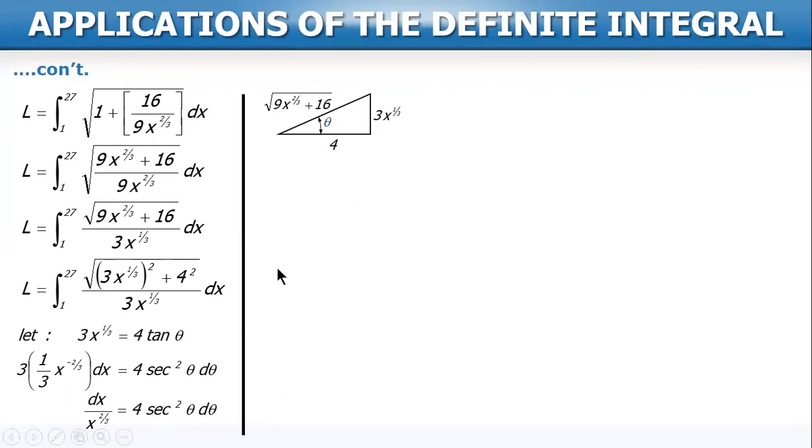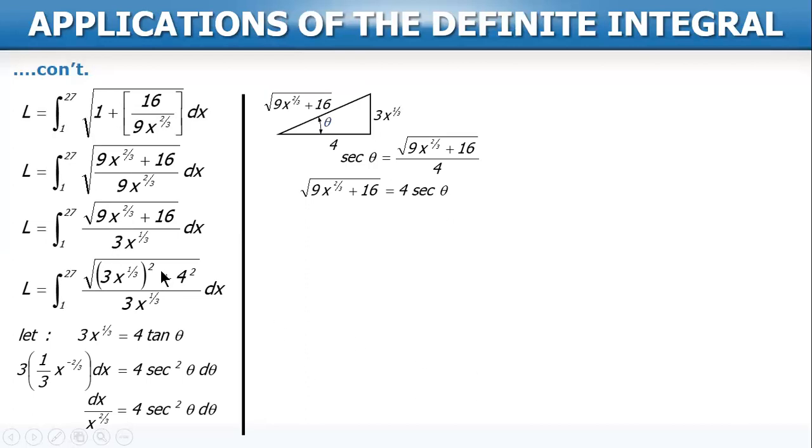And since we have secant, we get the expression of secant. Secant is hypotenuse over adjacent. This one. And we cross multiply. We have this. Okay.